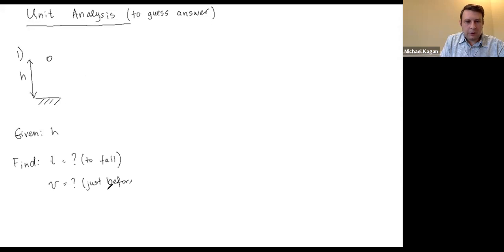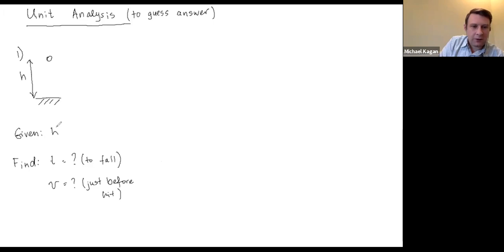So the velocity just before the hit. Okay. So how do I approach this problem? Let me just explain. Usually I would ask for your contribution, and it won't be just me talking all the time. But for now, let me just explain so you're clear what I'm talking about here.